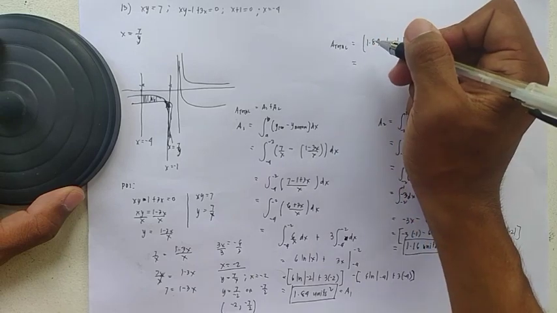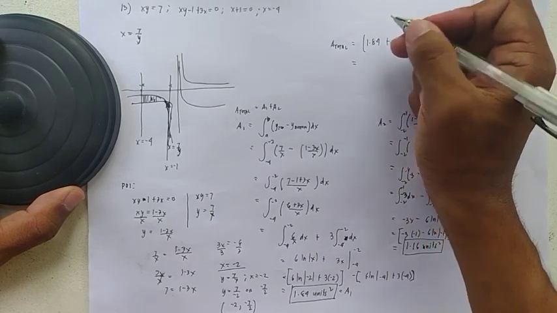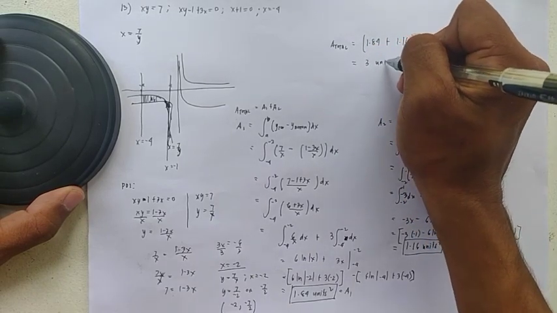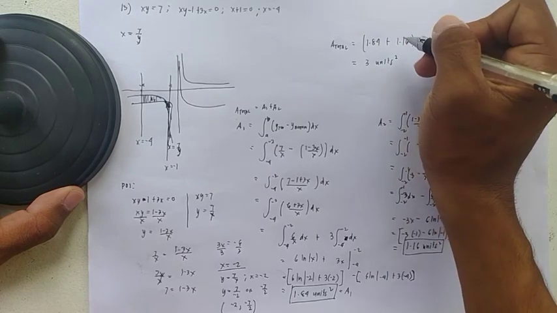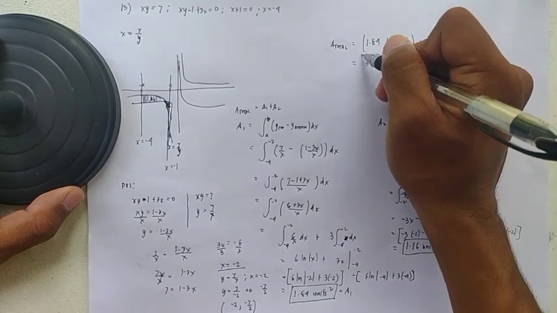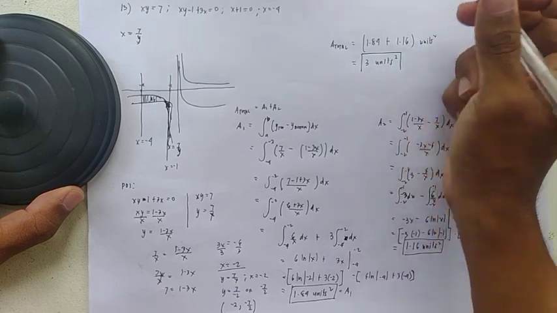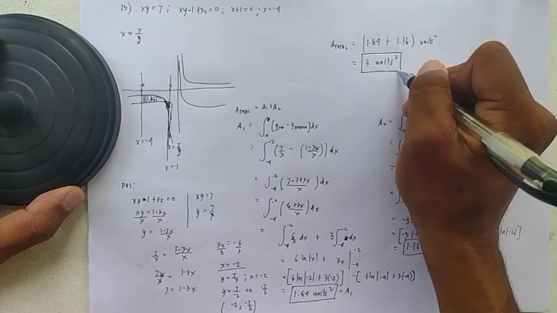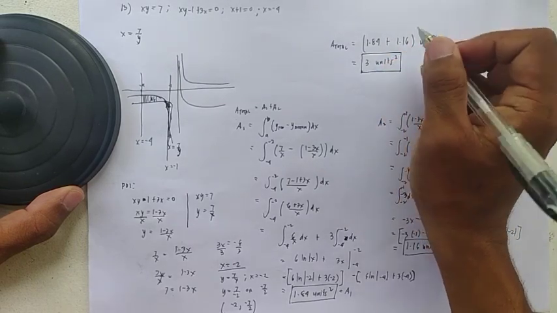So, yung area total natin ay 3 units square. Yan na po yung total area ng bounded region ng apat na line. Apat na curve. 3 units squared.